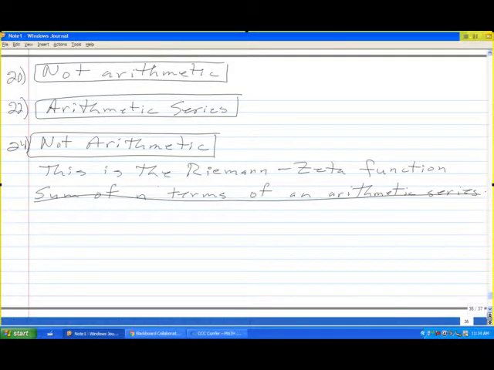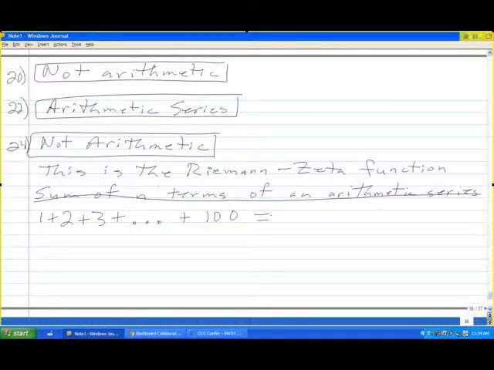Carl Friedrich Gauss, when he was 10 years old, was in class, I guess second or third grade, and his teacher wanted to keep his little children occupied while he did something else. So he gave the following problem on the board: add 1 plus 2 plus 3 plus all the way up to 100.